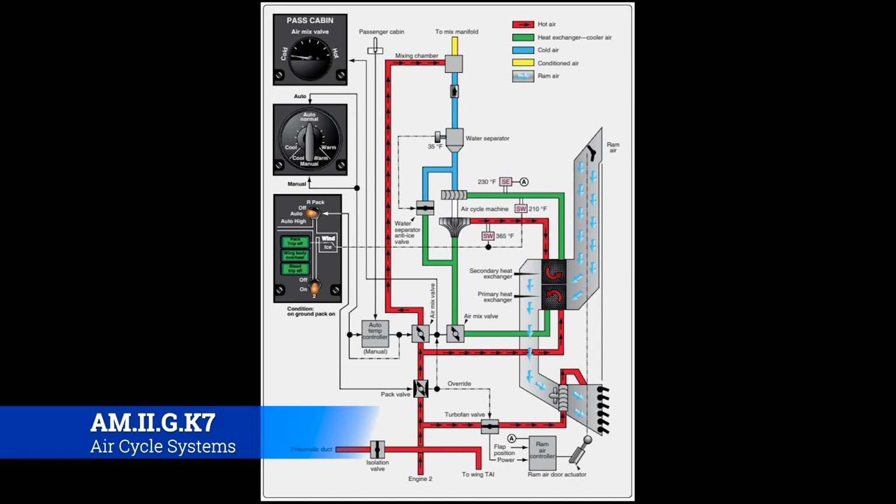Those will then come in and get cooled until it's extremely cool, and then there's going to be a mixing chamber that takes straight bleed air and puts it together in that mixing chamber, and then it pipes it out to the manifold that's going to take it throughout the rest of the aircraft as conditioned air.